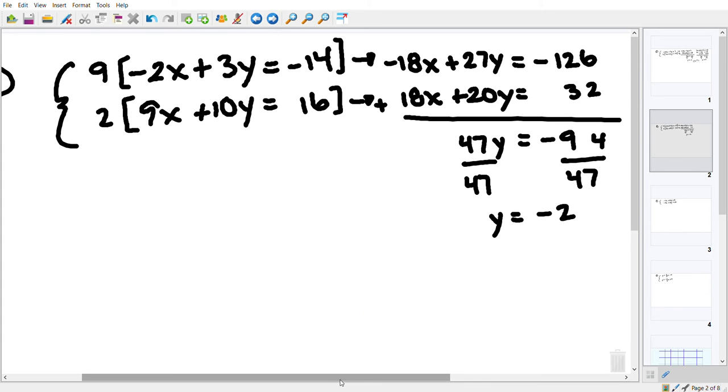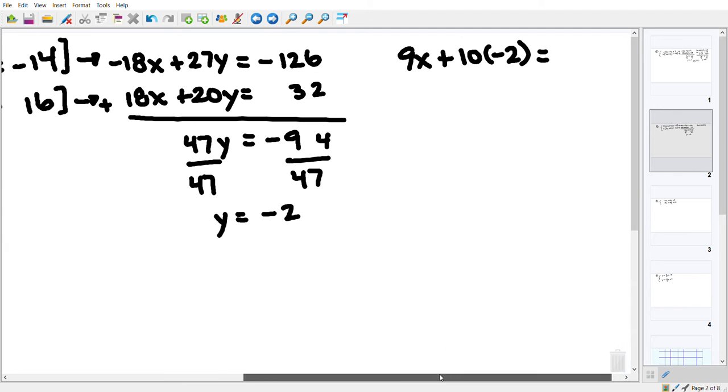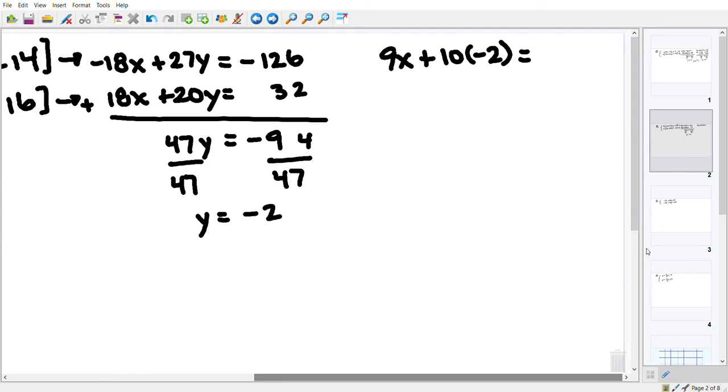So I'm going to go to the side and I'm going to say 9x plus 10y, but y is negative 2. And that's going to be equal to 16. So go ahead and do your best there and solve for x.